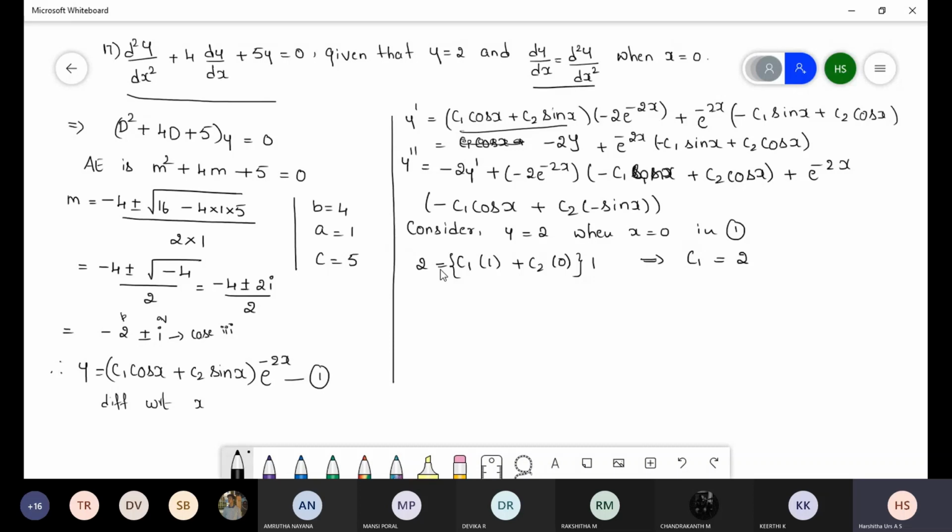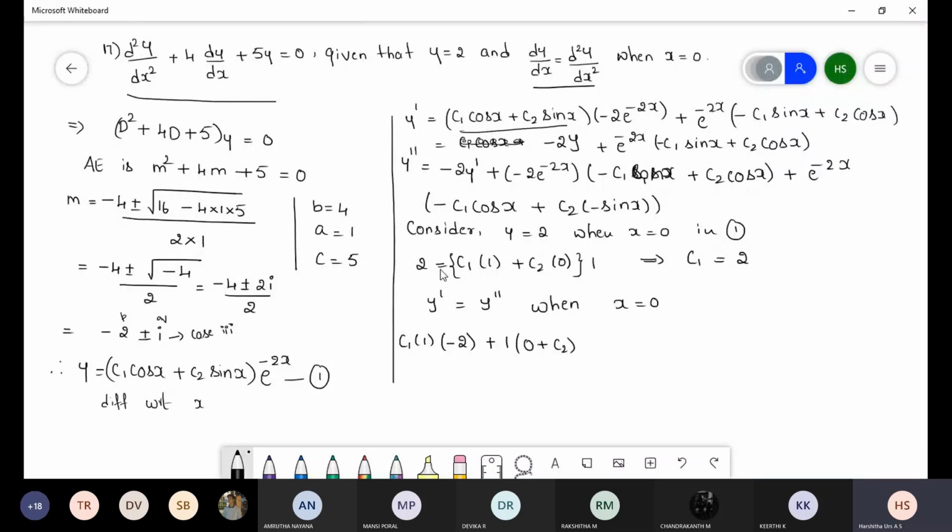One more condition they have given, y dash is equal to y double dash when x is equal to 0. For y dash, here I write C1 into 1 plus 0, again minus 2, because sin 0 is 0, minus 2 into e power 0 which is 1, so I write minus 2, plus again 1 into first term is 0, second term is C2.